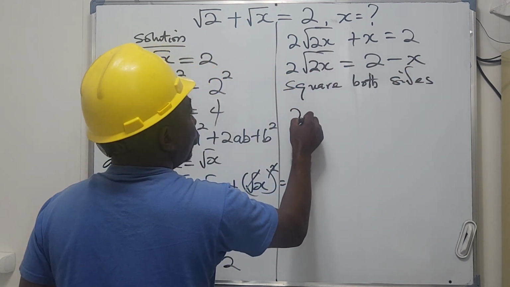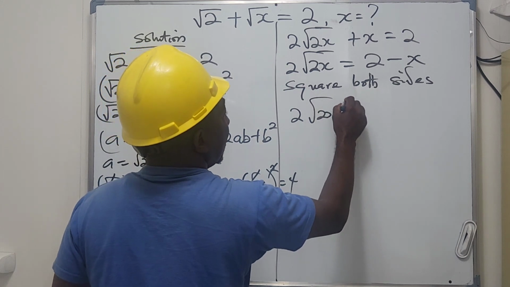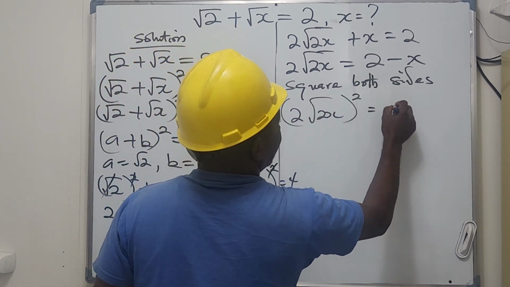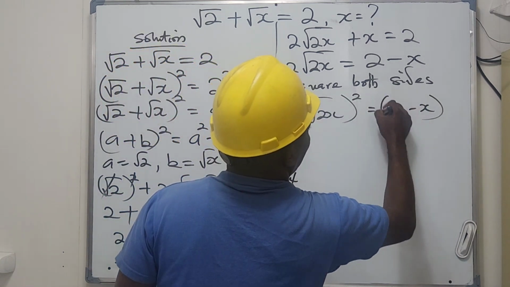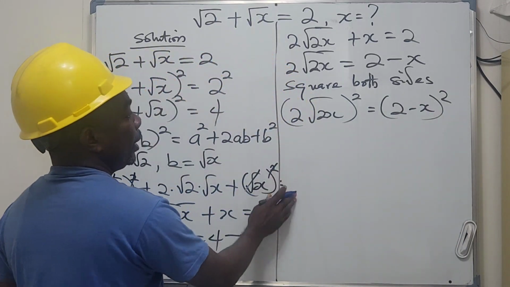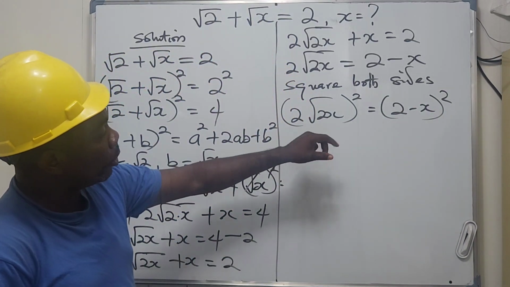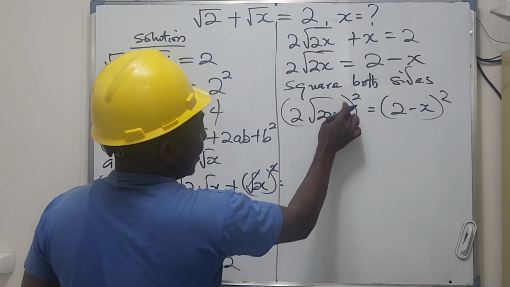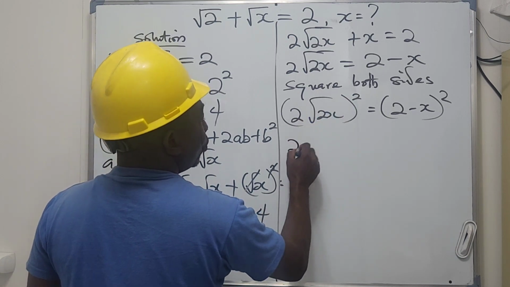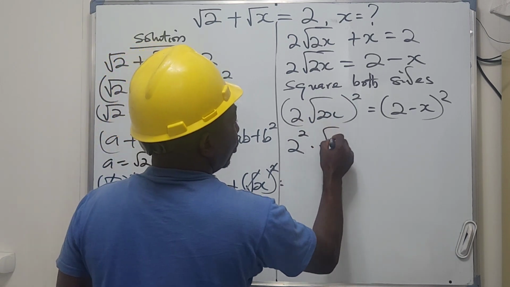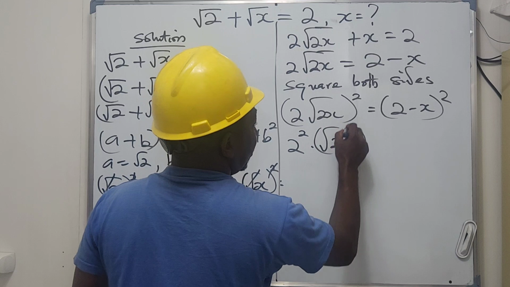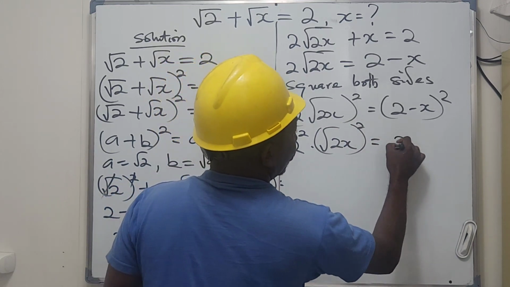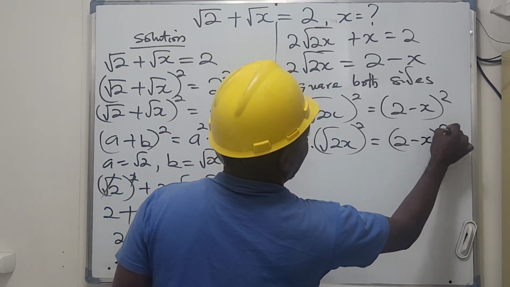So this will become 2 root 2x all to the power of 2 equals 2 minus x all to the power of 2. So for us to square both sides, this is the same thing as having 2 to the power of 2 times root 2x to the power of 2 equals 2 minus x all to the power of 2.